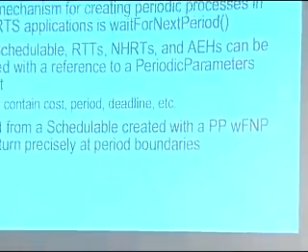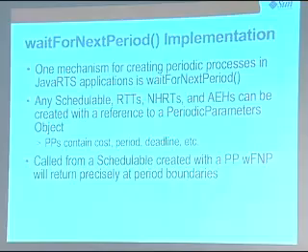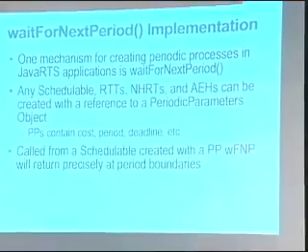So for example, if you create a NHRT with a period of 1 millisecond, and you have a start time in there of, let's say, 1,000 milliseconds, then waitForNextPeriod, if it's called, will block until millisecond 1001, and then it will return exactly on that boundary, and then also it'll return when the time is 1002. So waitForNextPeriod is the method that gives you the ability to easily create a periodic process in the RTSJ and Java RTS.